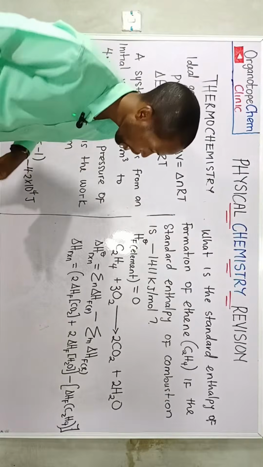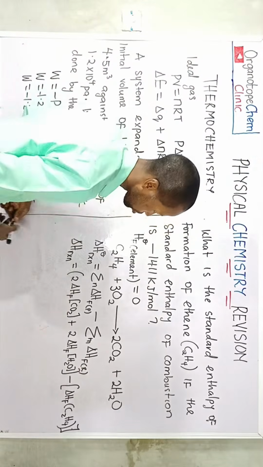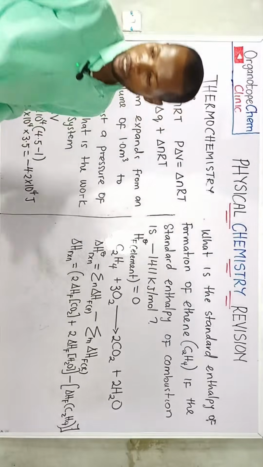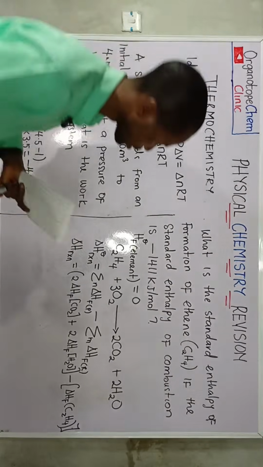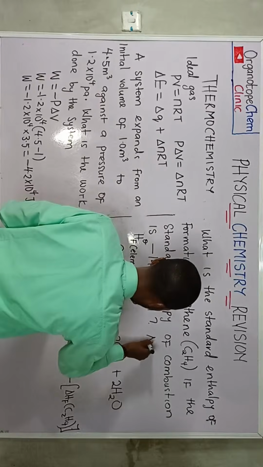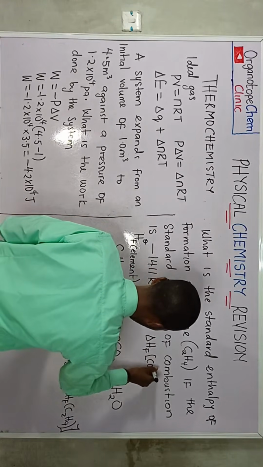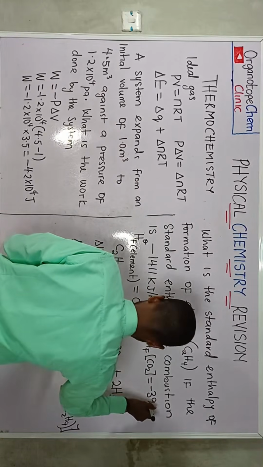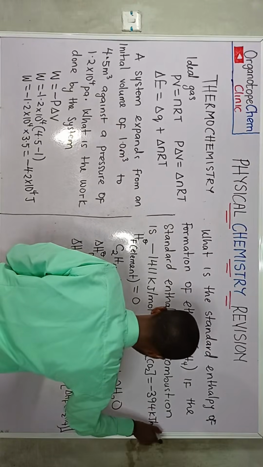So do we have the enthalpy of formation of CO2? We are expected to have that in the question. Let me check. We're given in the question the enthalpy of formation of CO2 as minus 394 kilojoule per mole.